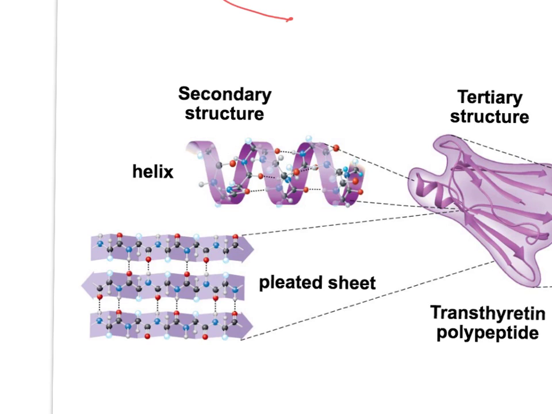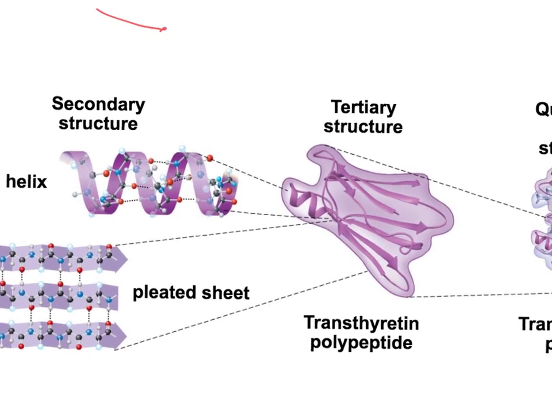Beta pleated sheets, again, you have hydrogen bonding and the hydrogen bonds allow for a stable conformation. This doesn't happen throughout the entire sequence of amino acids. It happens in certain areas. And that's what you see here.